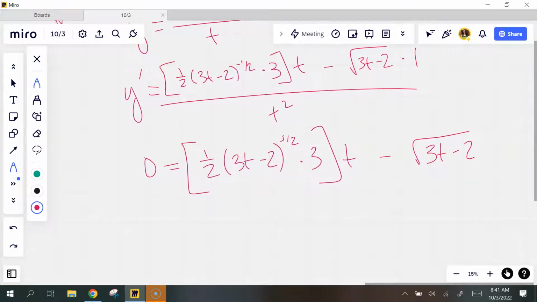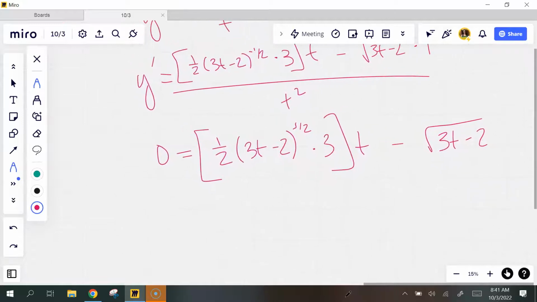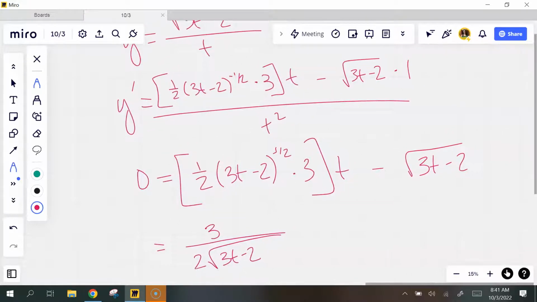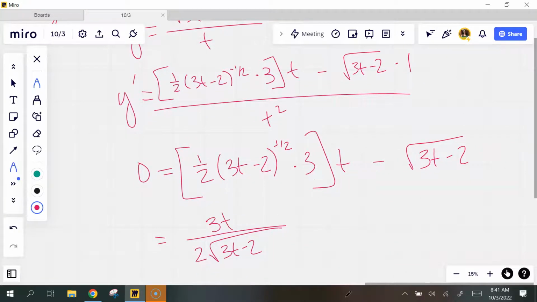Then I cleaned that up a little bit and said, well, this is 3 over 2 times the square root of 3t minus 2, minus the square root of 3t minus 2. All I did was take the top and set it to 0, right? Because that's what I want to know. When does that happen? Now I got to do the top again, right?